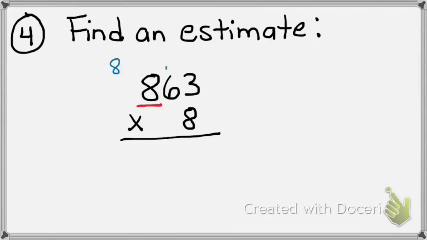I have 2 digits to the right, so I will add 2 zeros. On the right-hand side, I add 1 to my underlined digit, so 8 plus 1 is 9. I have 2 digits on the right, so I add 2 zeros. Circle the number to the right of the underline, which is 6. Is 6 a big kid's school or a little kid's school? 6 is a big kid's school, so 6 means I round up to 900.